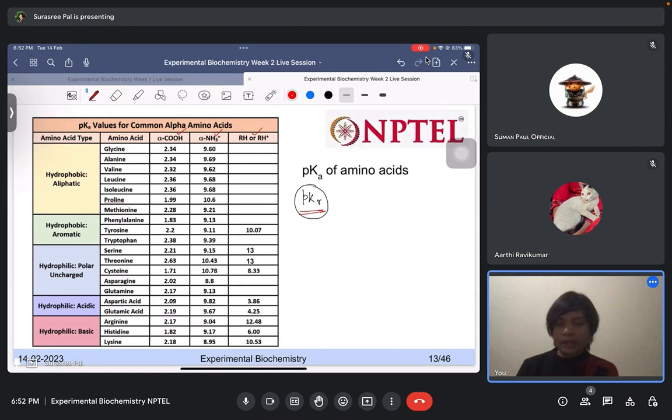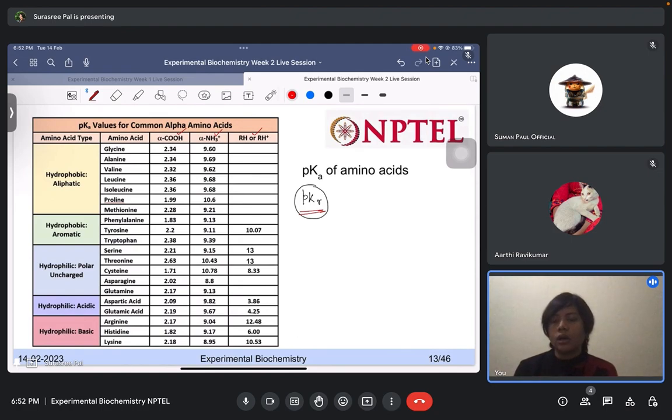In the previous discussion of glycine, we were talking about only 2 pKa values, pK1 and pK2. pK1 corresponds to the pKa of the alpha carboxyl group, and pK2 corresponds to the pKa of the amino group. But here we also have a pKa of the R groups, where the R groups are polar or charged.